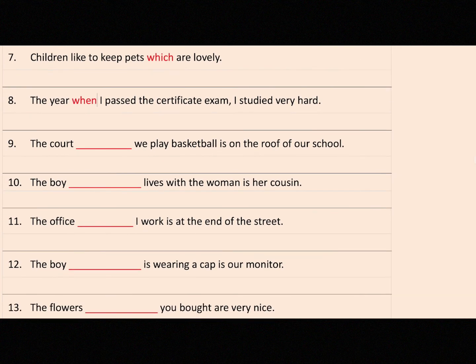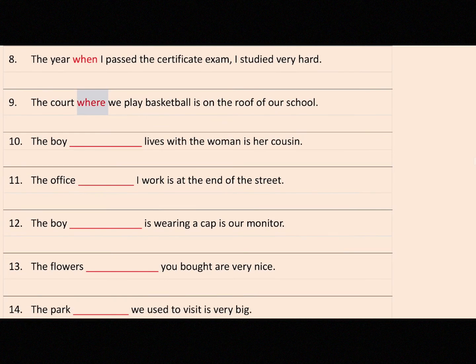For number 9, the court. What we talk about here is actually a basketball court. We say a court where we play basketball. It's on the roof of our school. Because the court is a place, we use where to talk about the court. For number 10, the boy.